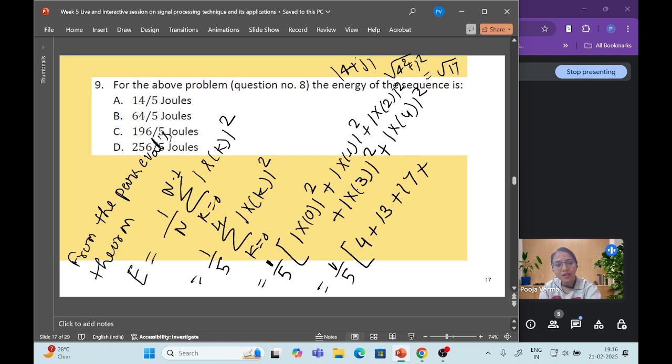Similarly, x of 3 is 2 minus or plus 3j, so it will again give 13, plus 17 if you further calculate it. Now if you add all these values, you will get 64. So 64 by 5. So the energy of the sequence will be 64 by 5. So option B is the correct answer for that question.